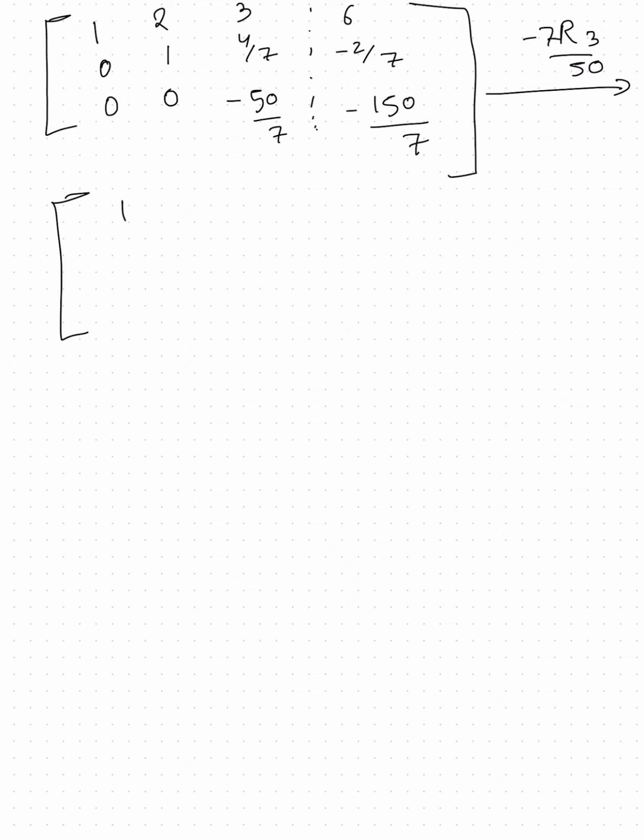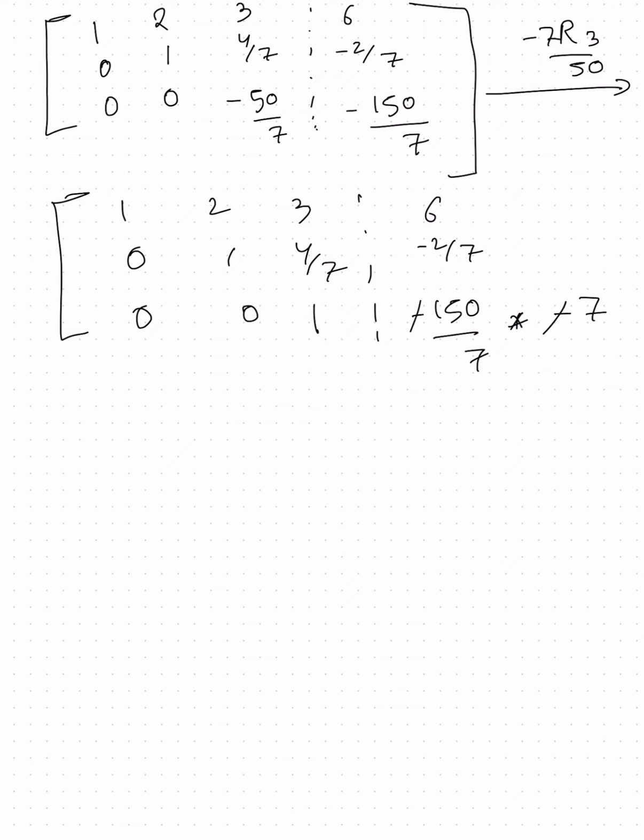This will give us 1, 2, 3. The 7 will cancel out, and the 50 will cancel out.